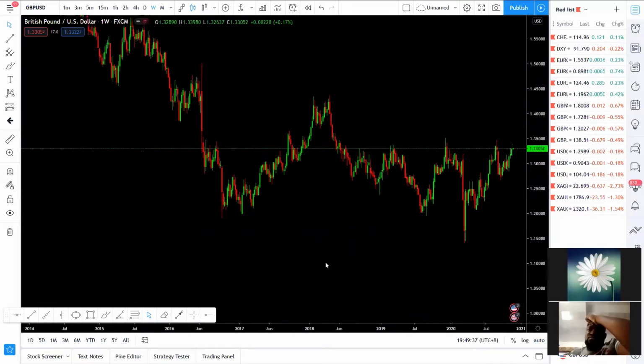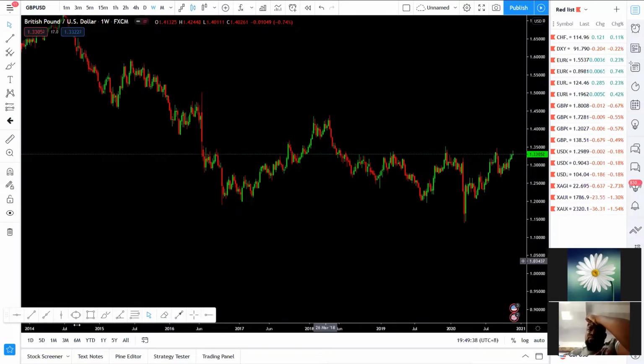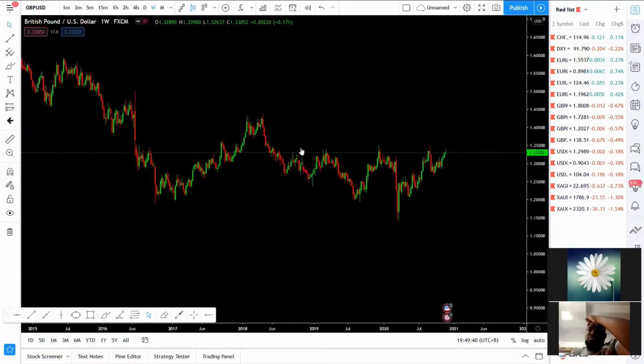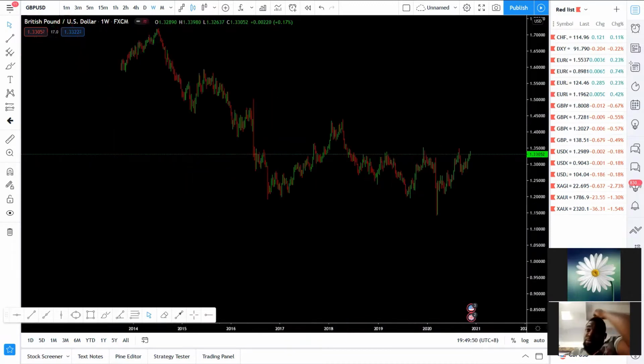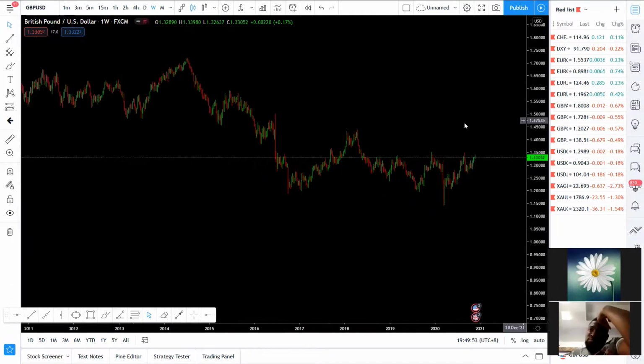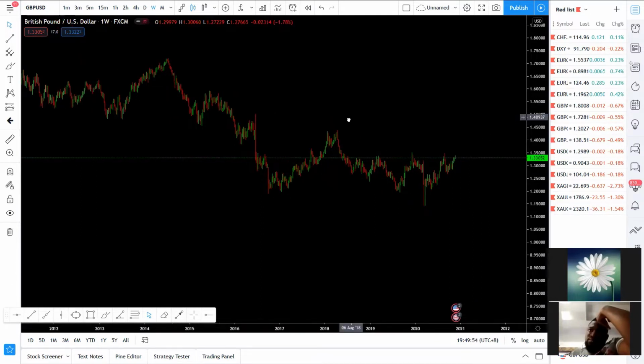On the weekly level, we find that yes, there have been some impulsive movements to the top, and then some activity going on here. But let's mark up so we can tell a good story on what the market situation is for the pound against the dollar.